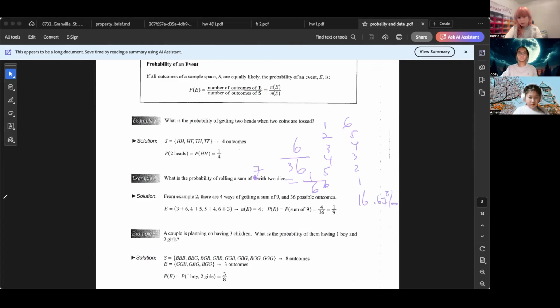Okay, so now let's take a look at number 3. A couple is planning on having 3 children. What is the probability of them having 1 boy and 2 girls? Okay, so you think about it and tell me.